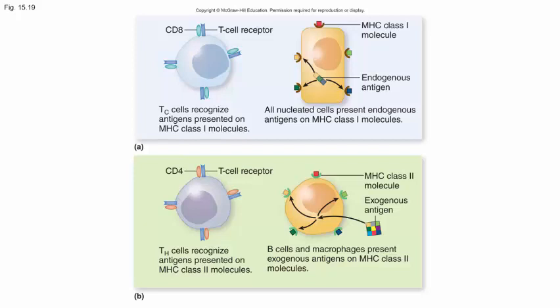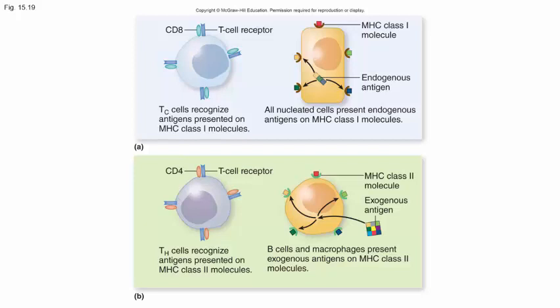If you're an exogenous antigen, this would be something like bacterial antigens, so those outside the cell. Helper Ts recognize antigens presented by MHC2 molecules. That's exogenous antigens. MHC1 is endogenous, okay?